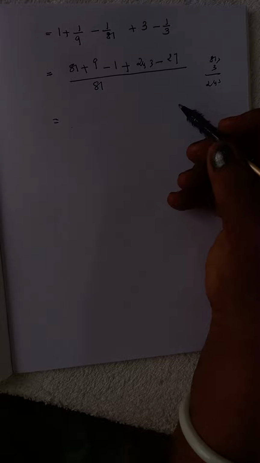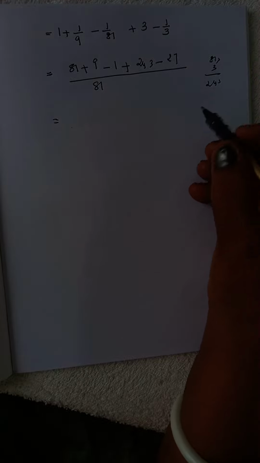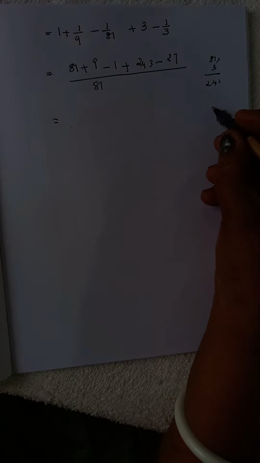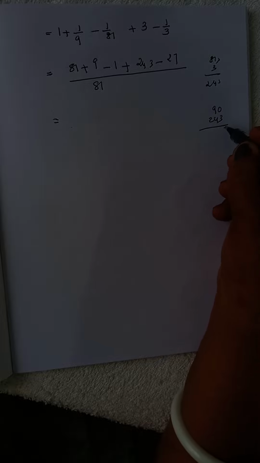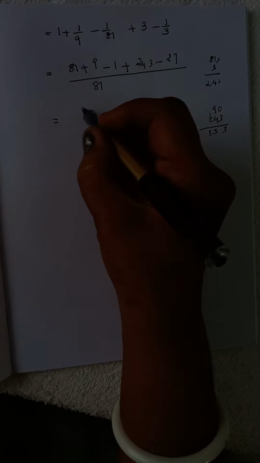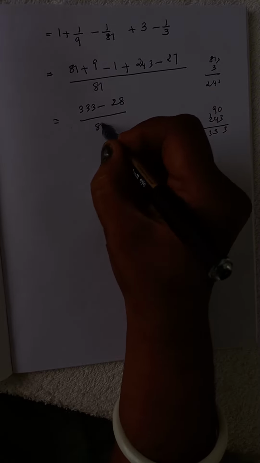So this is equal to, the plus numbers we have to add and the minus numbers together. So this is 81 plus 9, that is 90. Then plus 243, that is 333. Then minus 27 and minus 1, so minus 28 by 81.